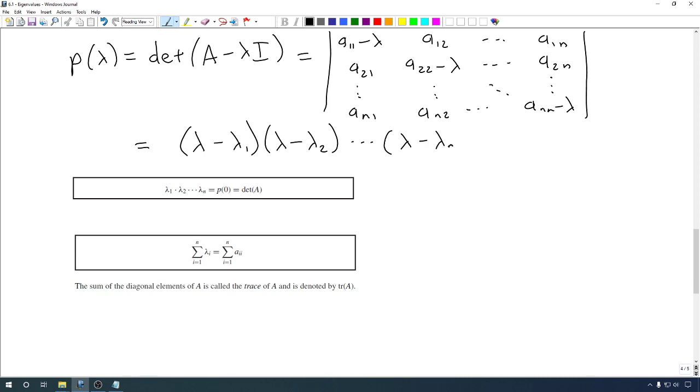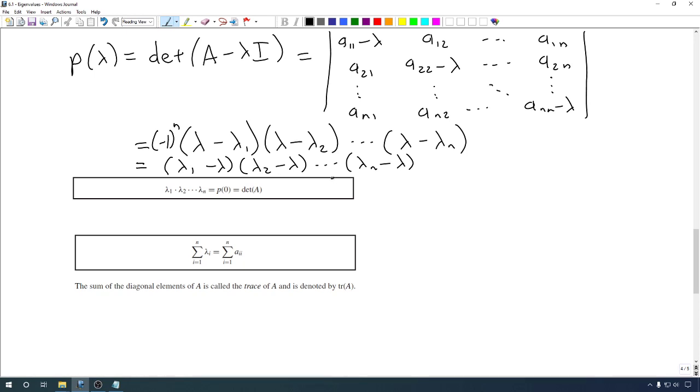We have n of those. Now we do want to be a little bit careful here. Technically, because we put it as minus lambda I, we're going to get a negative 1 to the n. It's usually better to put this in the opposite order: lambda 1 minus lambda times lambda 2 minus lambda, and so on and so forth. So the characteristic equation can always be written in this form.